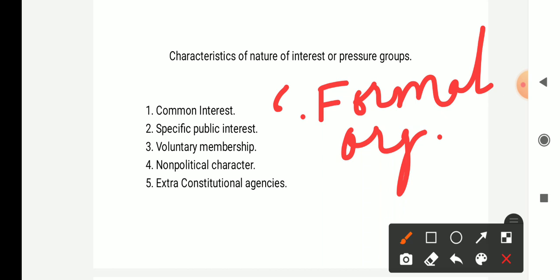They have office bearers like president, vice president, secretary, cashier, and they work like an organization, and they formally hold meetings with governmental officials, legislators, ministers also, and they try to protect their own rights.